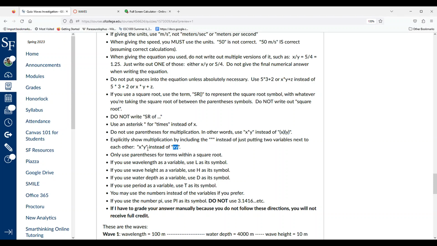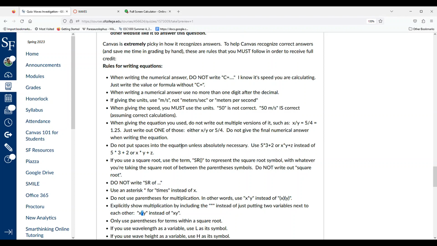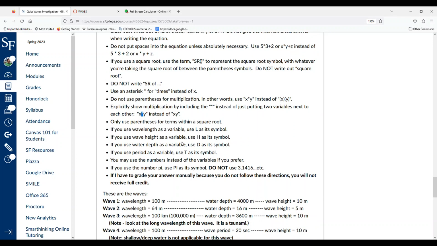So the only way that's valid is to put an asterisk there. Please do that. You'll see similar things on the exam as well. If you don't do these things, then you won't get full credit. Okay, these were right at the beginning of this problem, and when students didn't follow these directions, I gave half credit.